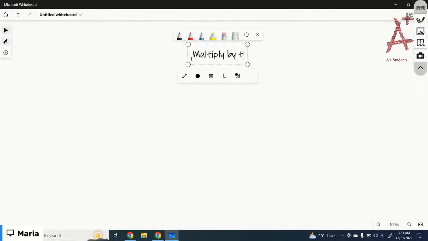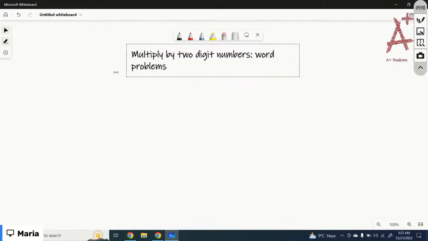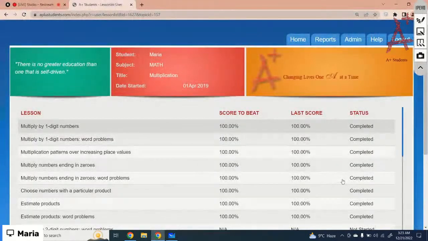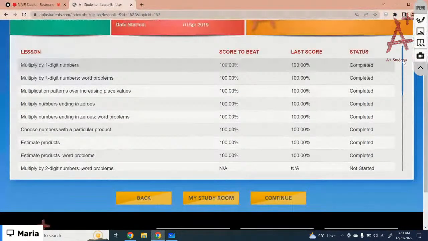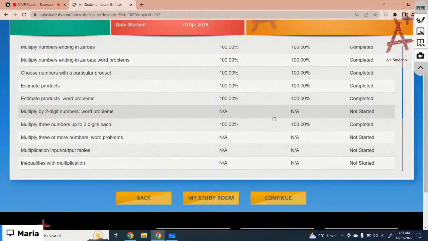Multiply by two-digit numbers word problems. Okay, so we are working on grade 5 maths. The chapter name is multiplication, and here is the lesson we need to work on, that is multiply by two-digit numbers word problems.